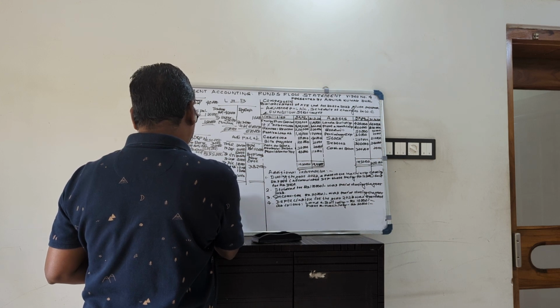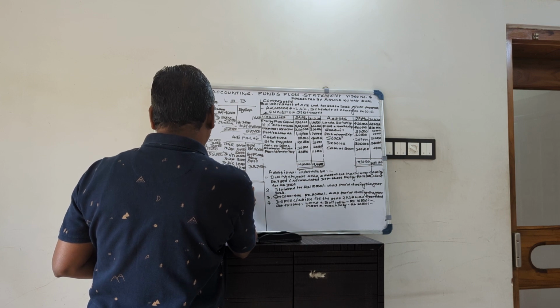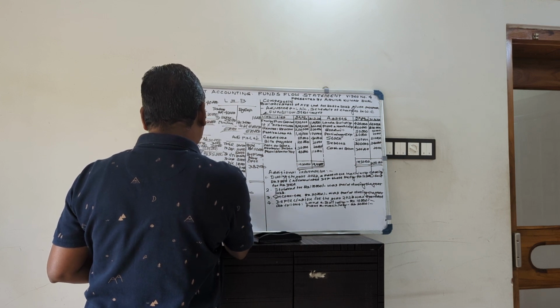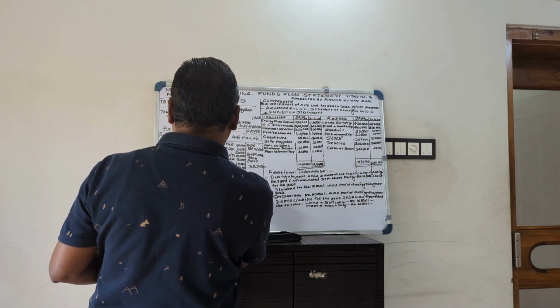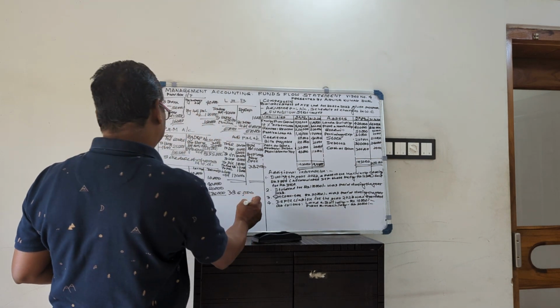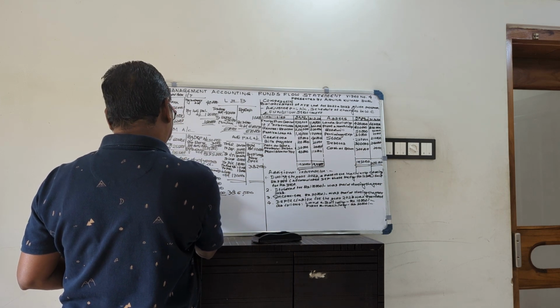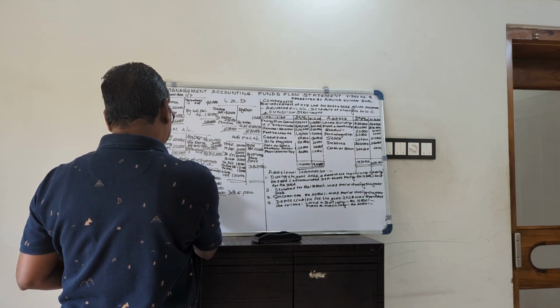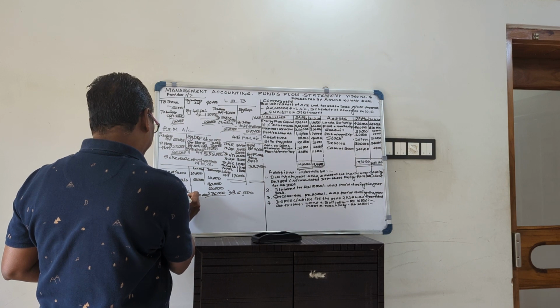So the total comes to 3,86,000 minus 16,000, so 3,70,000. That is the net decrease in working capital, 3,70,000.